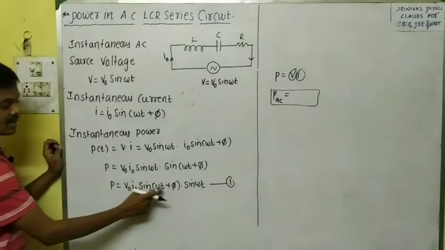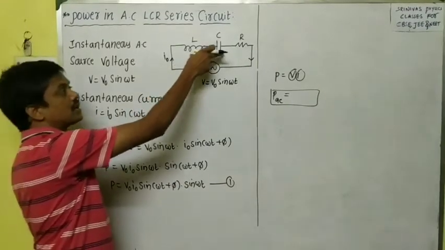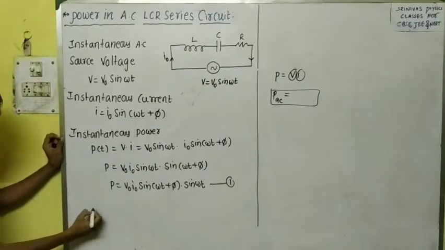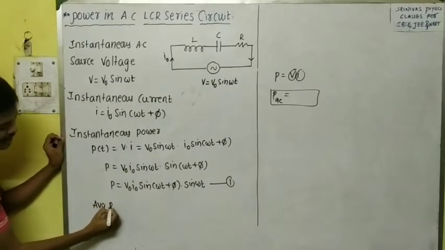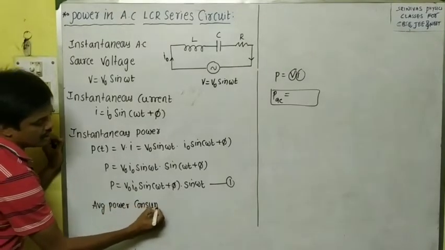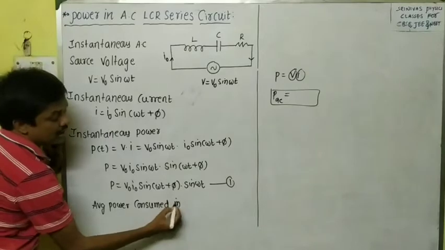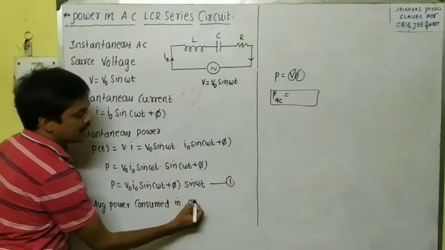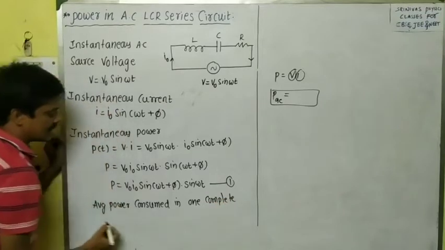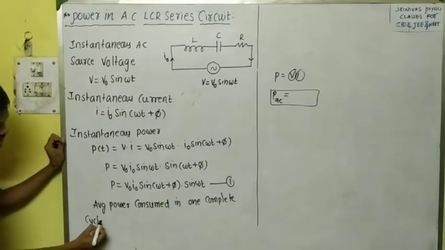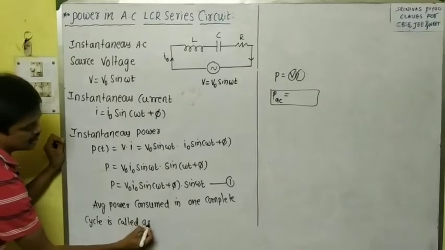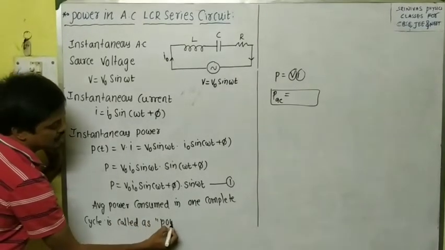This power depends upon time, but I want the power consumed in AC circuit. That is the average power consumed in one complete cycle, which is called the power in AC circuit.